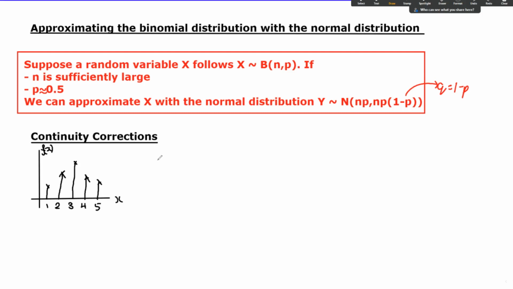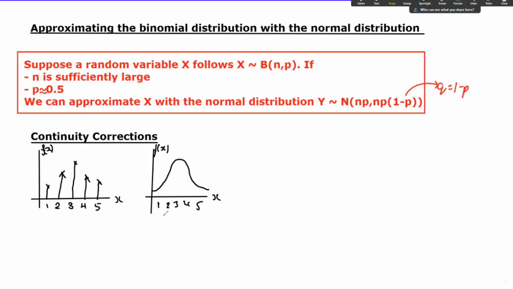But with the normal distribution, if I draw it on here, because it's continuous, it'll look more like a curve. We can still have our 1, 2, 3, 4, 5, but it'll look like that.